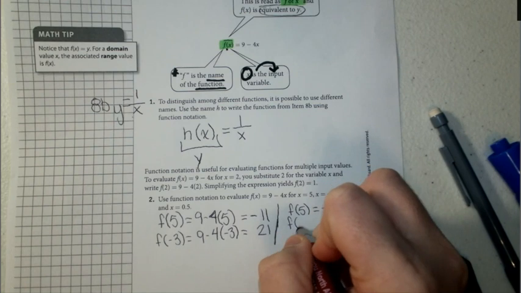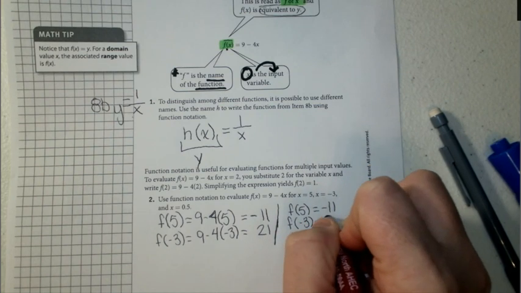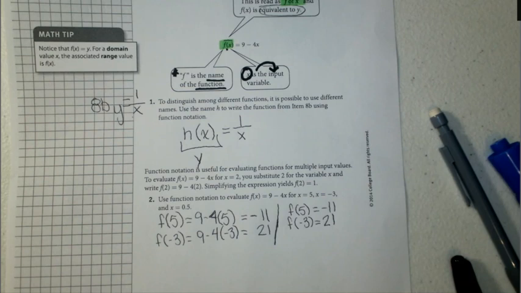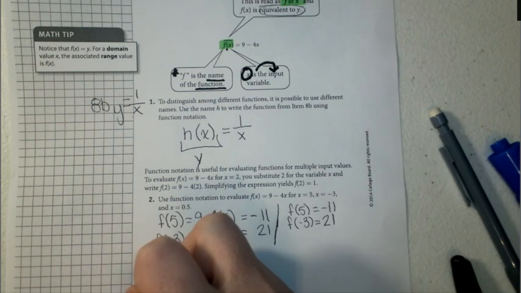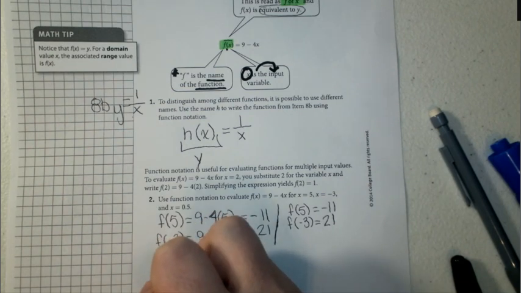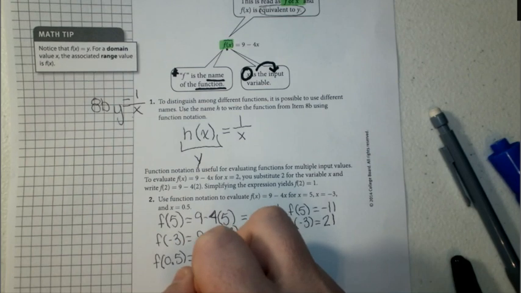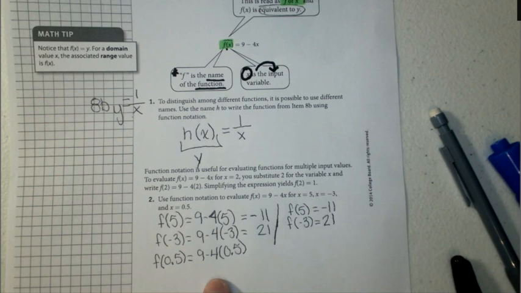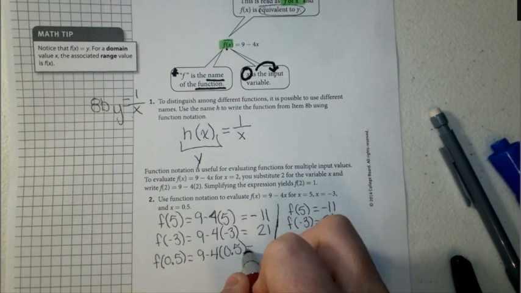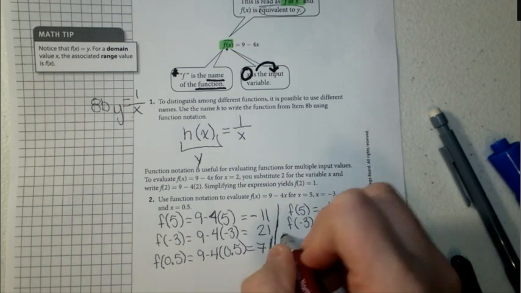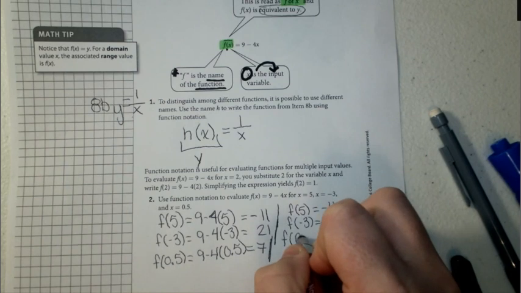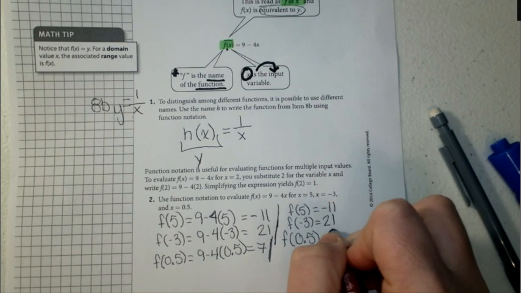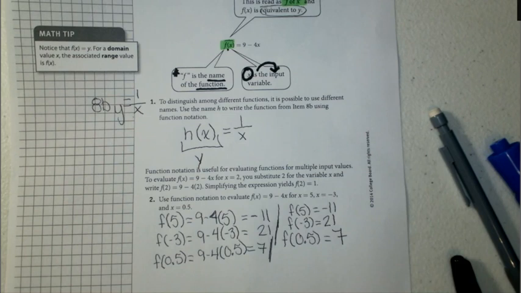So we would write this as f of negative 3 equals 21. The last one that it asked me is f of 0.5. Well, 9 minus 4 times 0.5. Half of 4 is 2, so 9 minus 2 is 7. So this would say f of 0.5 equals 7.